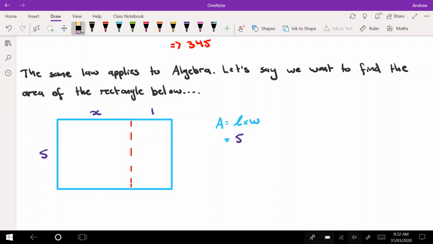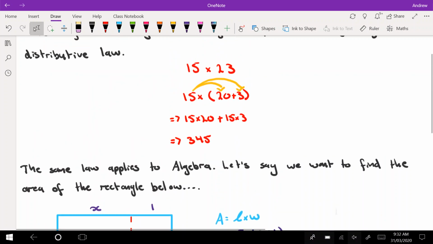So what I'm doing is I have the two lengths. I'm going to add them together. And once I add them together, I'm going to be multiplying it by x plus 1. Now, I can rewrite this without that multiplication sign in between the brackets, just because it's going to make it look a bit nicer. So 5 outside of x plus 1.